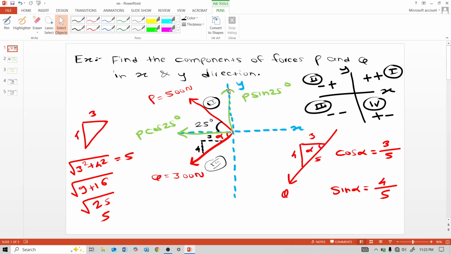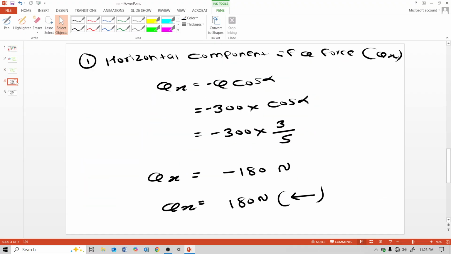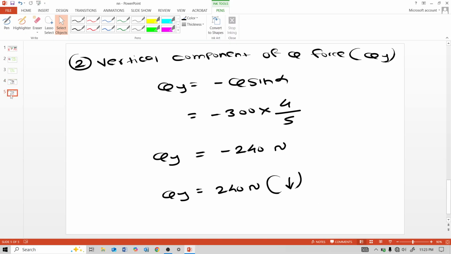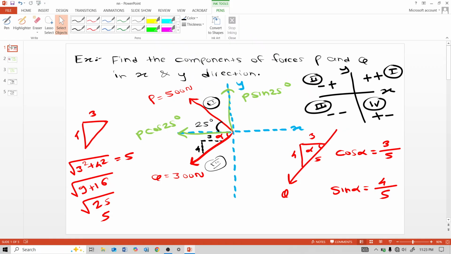So those taken directions are correct. And here the horizontal component of Q force is also negative x, 180 Newton, and the vertical component of Q force we calculated as 240 Newton downward. So in that way you will calculate any force in any quadrant.